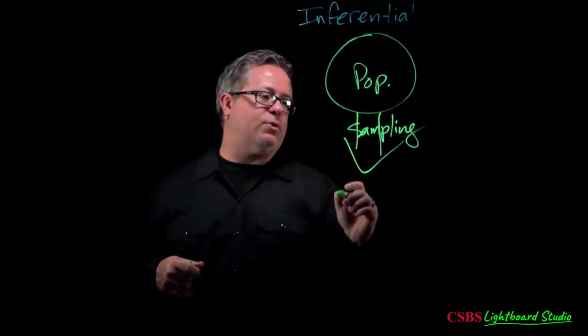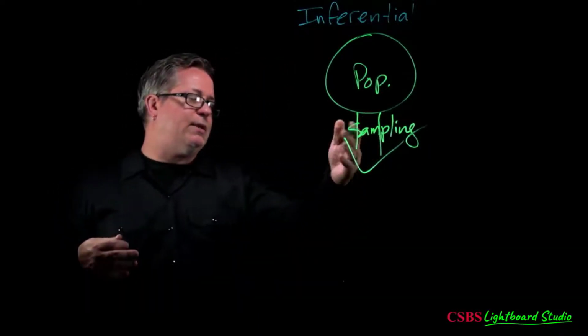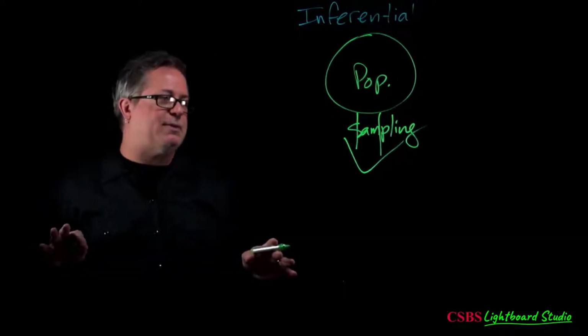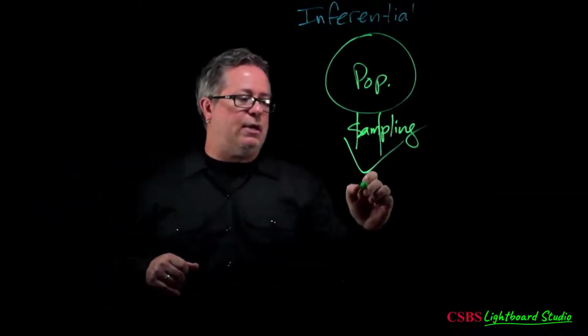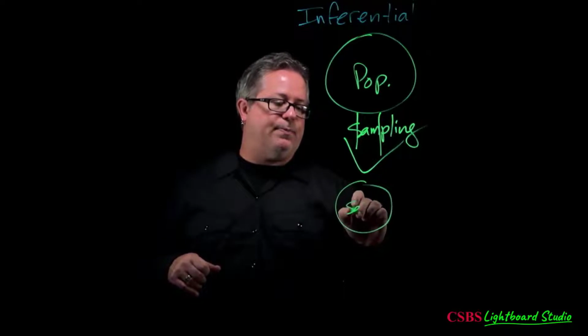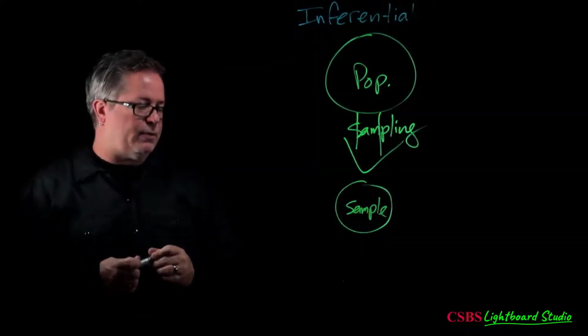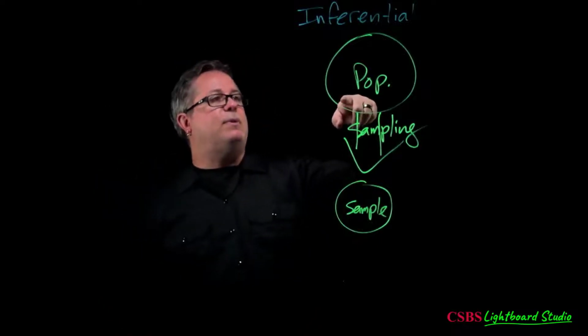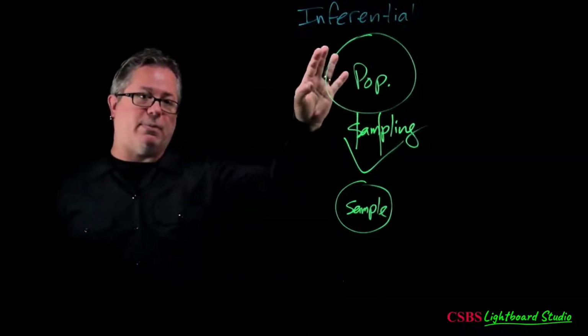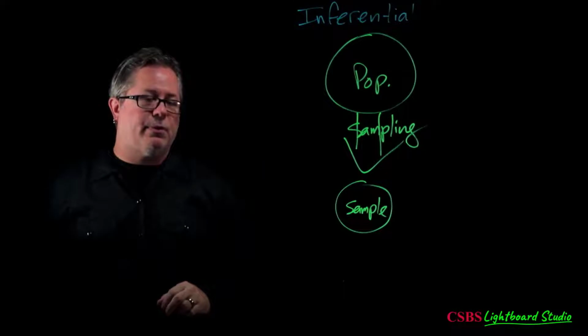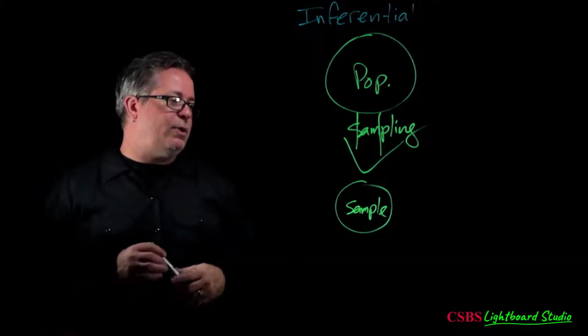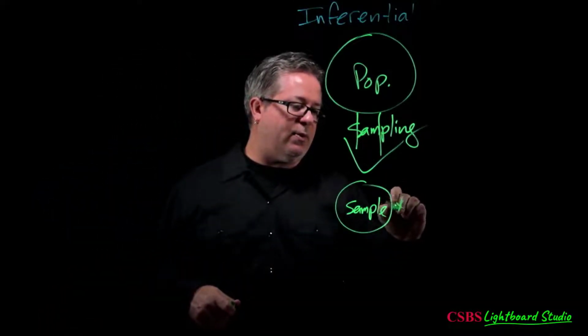How you get the sample is outside of this class, but some kind of sampling down to some sample, which is dramatically smaller than the population. This could be 20 people. This could be 20 million people. So population big, sample small. We do everything here. This is where all the magic happens.